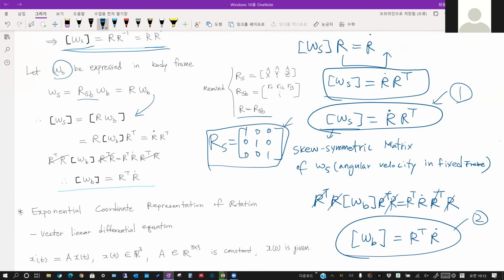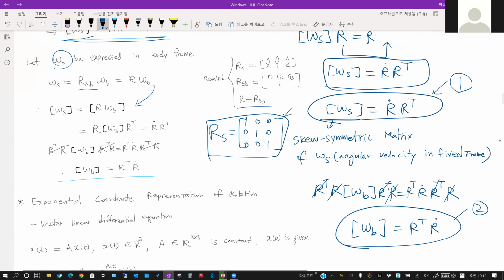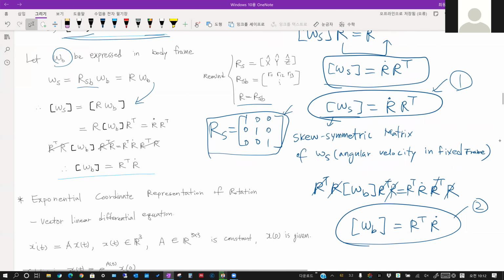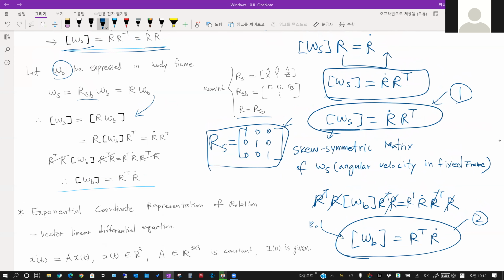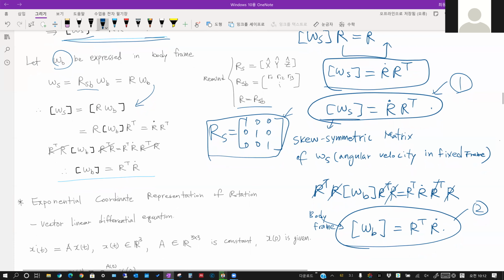But in the case of omega in the body frame, it can be calculated in the reverse direction of this equation. So it can be confusing when you remember these two equations, but don't confuse these two equations. You should memorize these two.